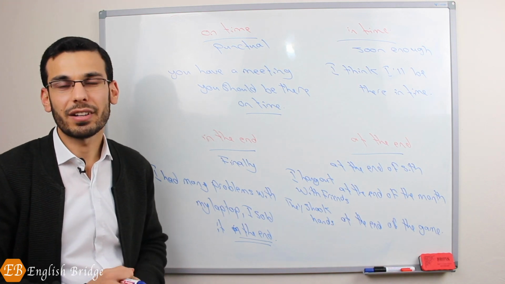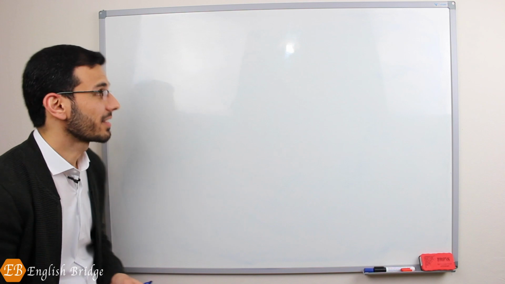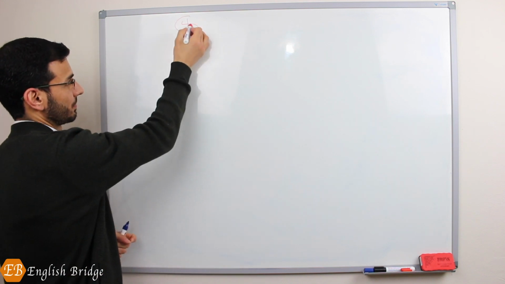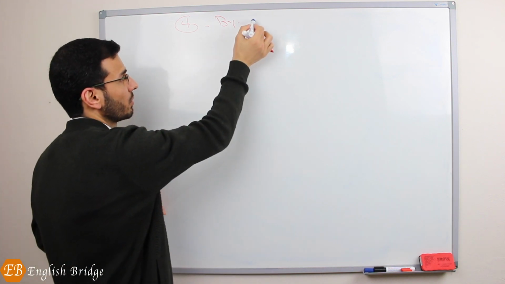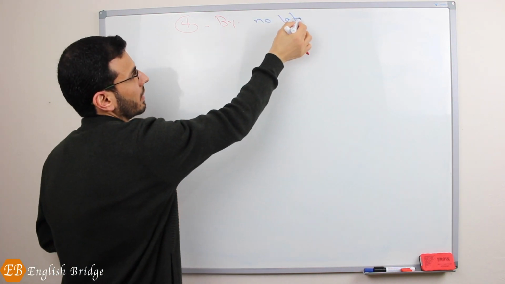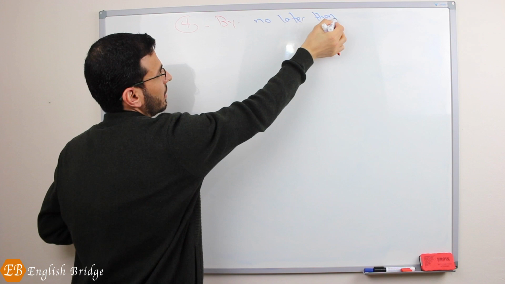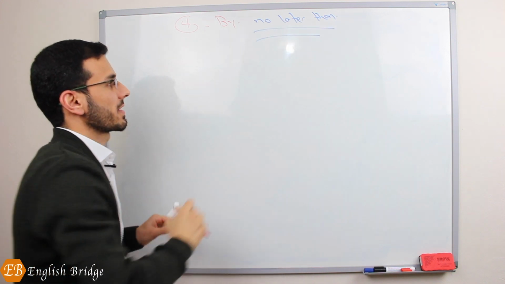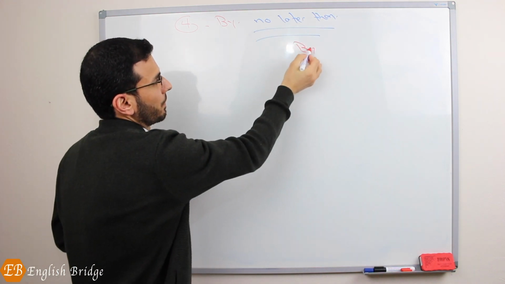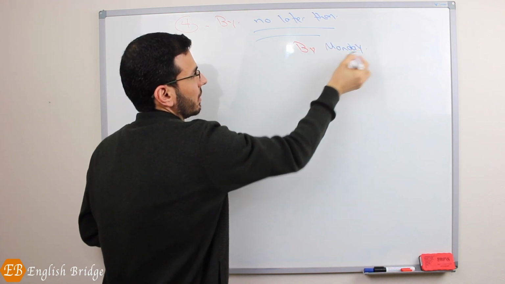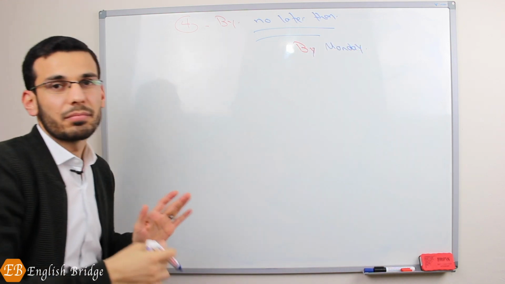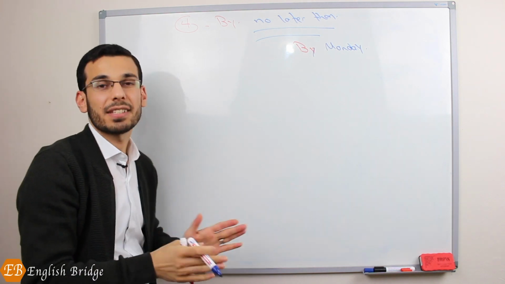Now let's move to by. The last one, as we said, is by. By means no later than. Not later than. So for example, if I say by Monday, it means any time before Monday, maximum on Monday.